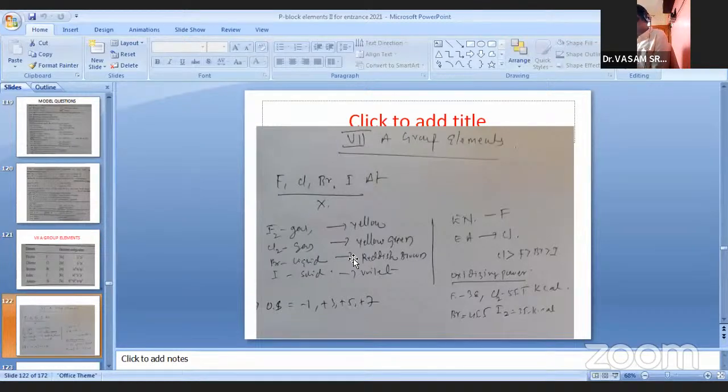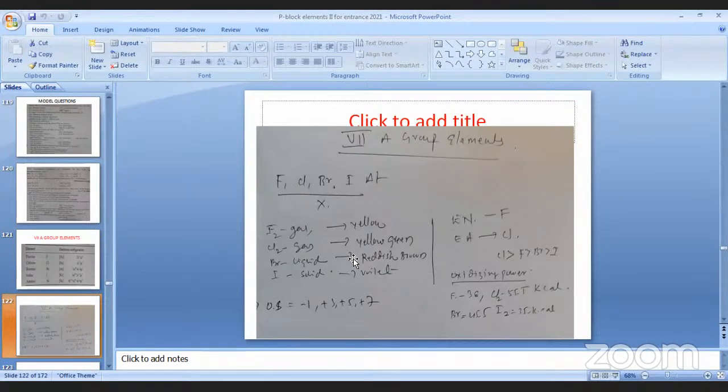In the entire periodic table, out of the 118 elements, only 2 elements are available in the liquid state. One is bromine and the second one is... Gallium.